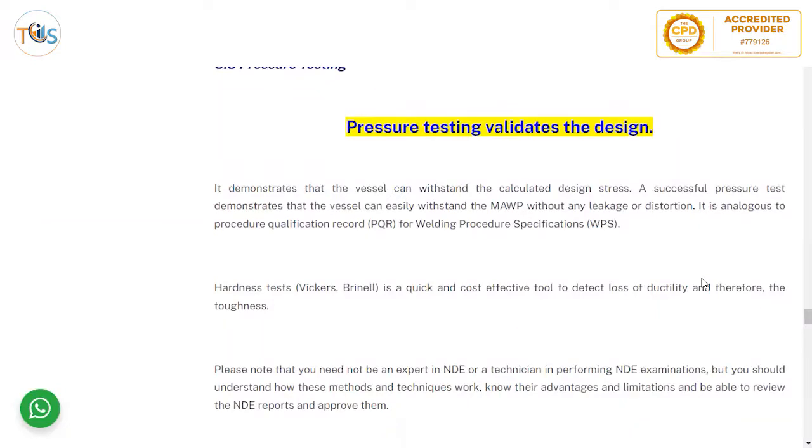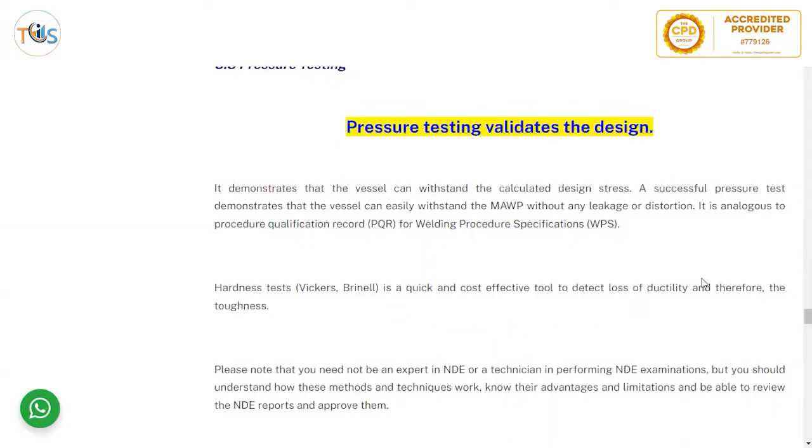It demonstrates that the vessel can withstand the calculated design stress. A successful pressure test demonstrates that the vessel can easily withstand the maximum allowable working pressure without any leakage or distortion. It is analogous to procedure qualification record PQR for validating welding procedure specification, WPS.